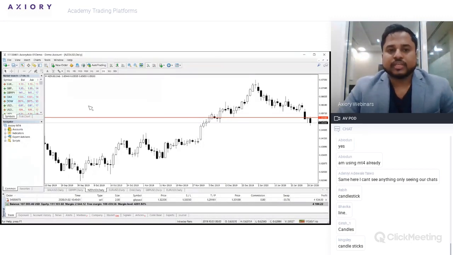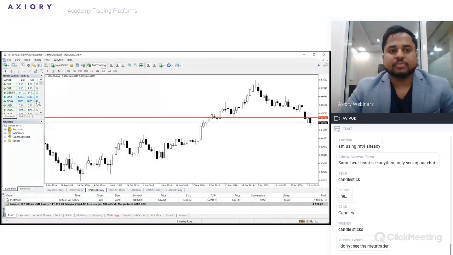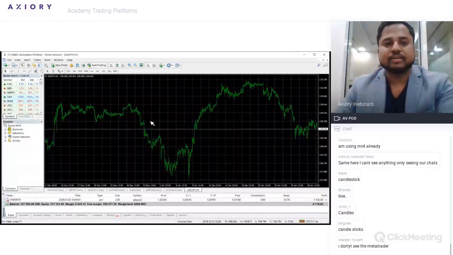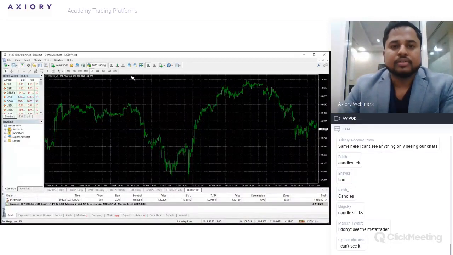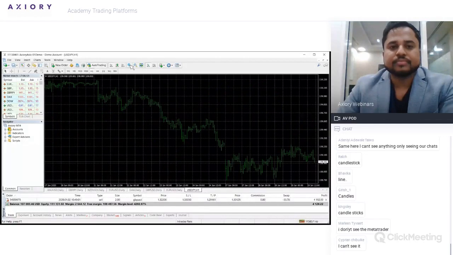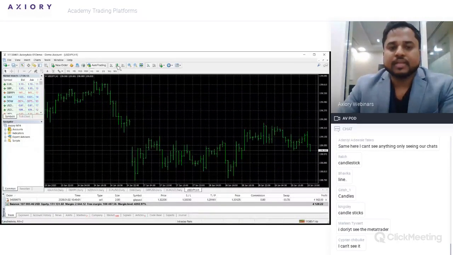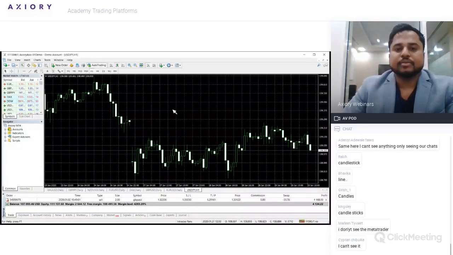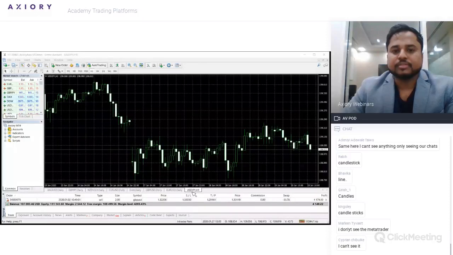Now we'll learn how to set the charts. Initially, when you try to open any chart like this, it will be in black and green color. You can go here and zoom here and select the candlesticks, and go here, right click to the properties.